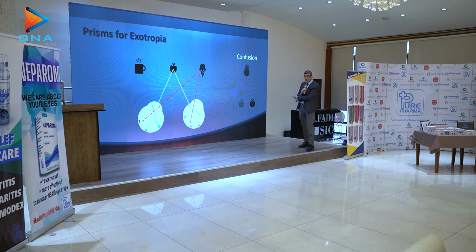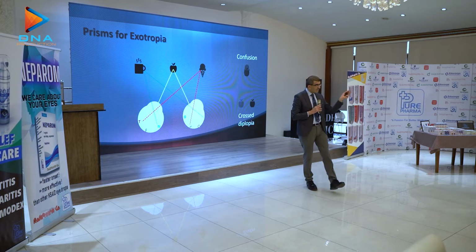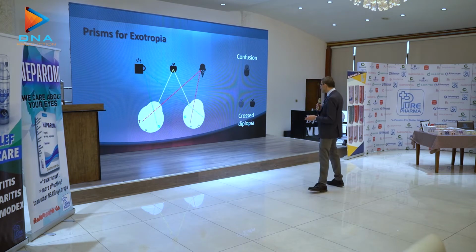So this patient will see crossed diplopia, okay? Crossed diplopia, because the temporal retina is now taking action to be in focus, to be the fovea, but this temporal retina sees objects only in the left or the nasal field, correct?